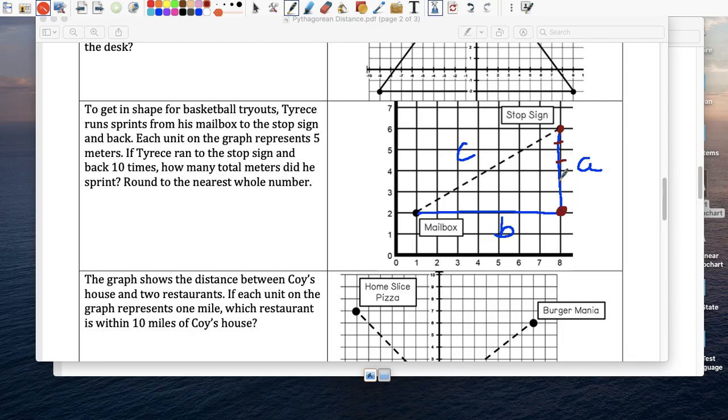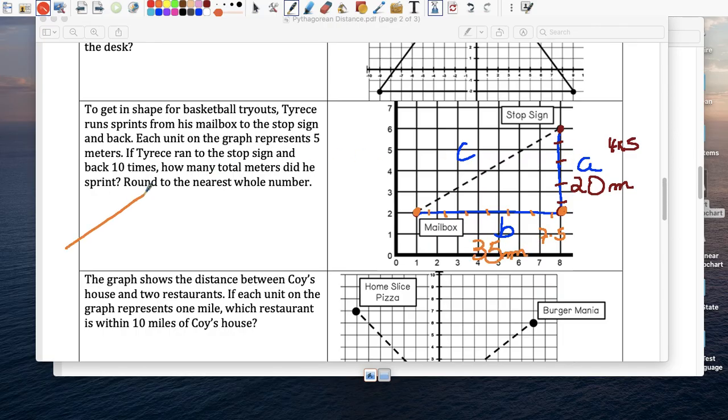It's 1, 2, 3, 4 units, but it's times 5, which in reality makes this 20 meters. And then from the mailbox, the horizontal distance is 1, 2, 3, 4, 5, 6, 7. But 7 times 5 makes this, in real life, 35 meters.